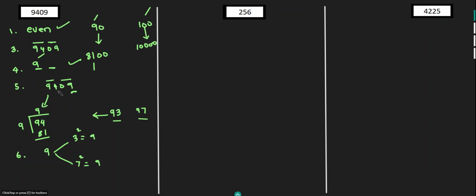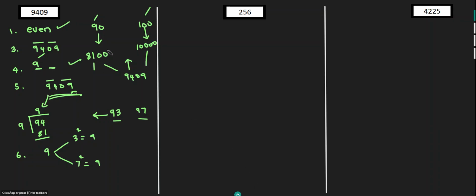After we found this, we have to take our actual number and find the difference, that is, the difference of our actual number from 8100 and from 10,000. So let's find the difference.